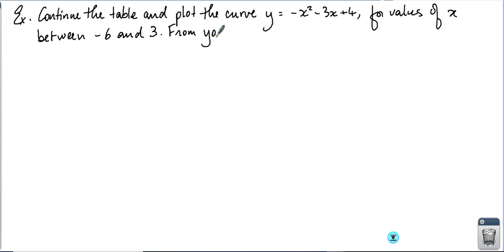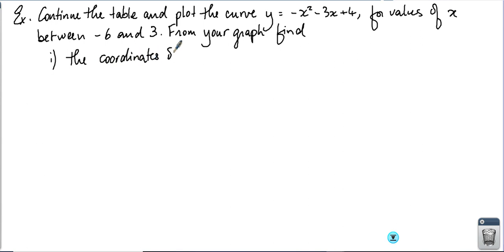From your graph, find number 1, the coordinates of the minimum point.